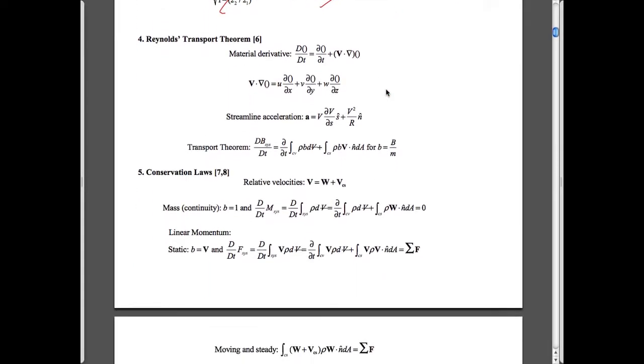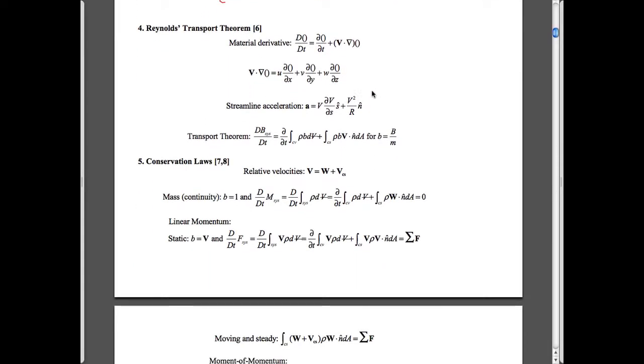We spent a bit of time talking about derivatives. I don't know whether I want to spend much time on that here, but you'll remember that the idea of the material derivative is that whatever the property is, you just look at how that property changes in different directions.